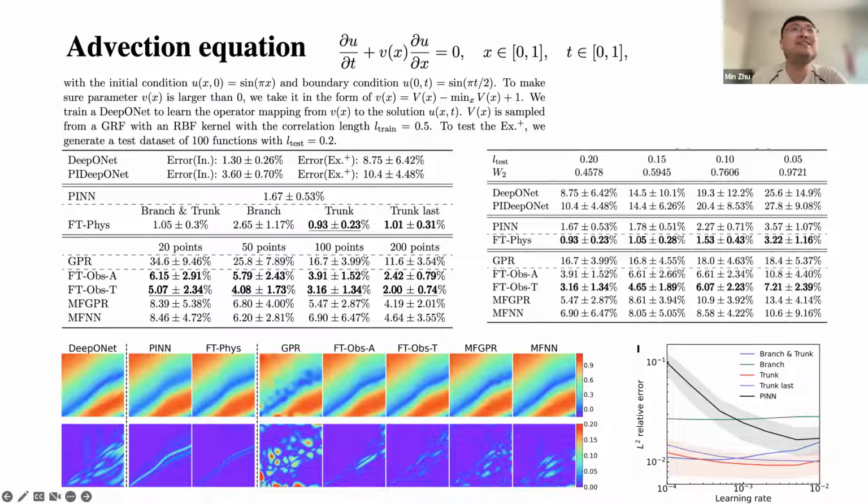Okay. So you mentioned here the fine-tuning with the physics, and you have the results for the branch and trunk, and the trunk last. I wanted to understand what is the difference between branch and trunk separately? How do you incorporate physics separately in the branch and trunk for the new observation?